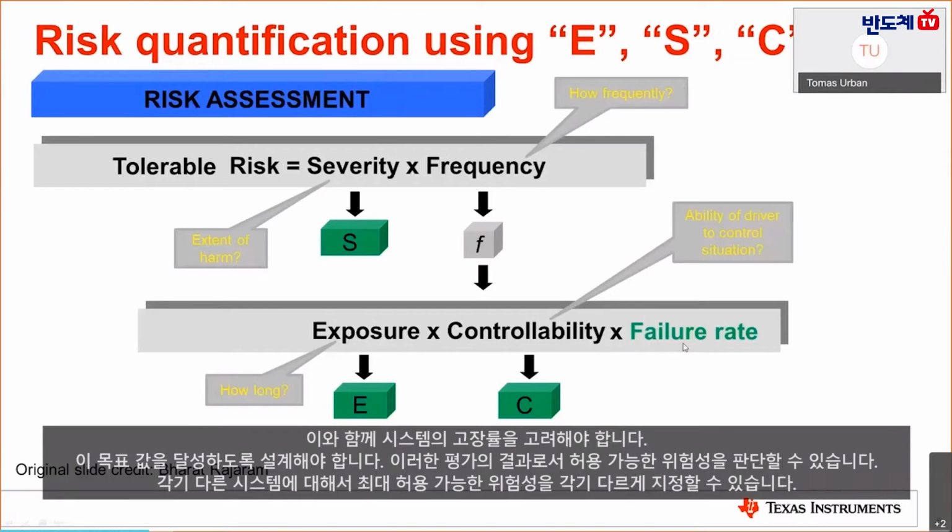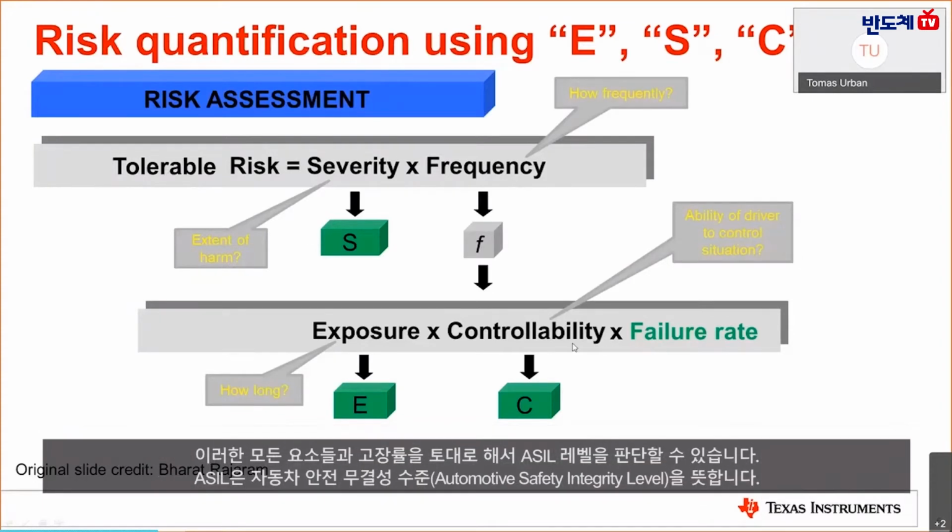I also add the failure rate of such a system, and this is basically a target value we want to reach, and the tolerable risk is the outcome of such evaluation. For different kinds of systems, we have different maximum tolerable risk, and all these factors plus the failure rate result in a defined ASIL, which is Automotive Safety Integrity Level.